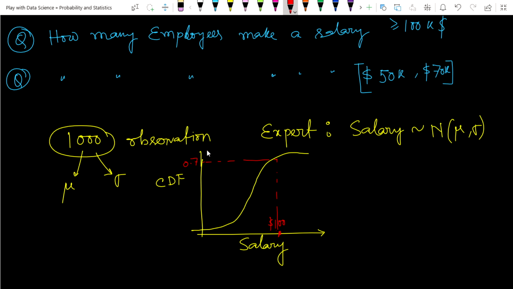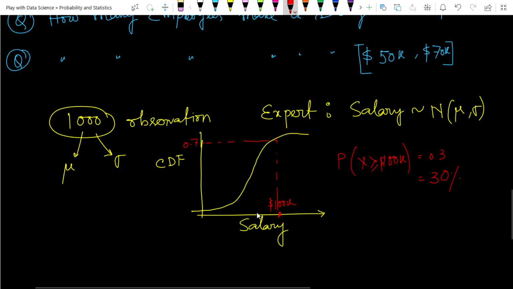So we can conclude that the probability of X being greater than 100k dollars is 0.3. We can conclude that this is the 30% point: 30% of the whole employee population will get a salary greater than or equal to 100k dollars.